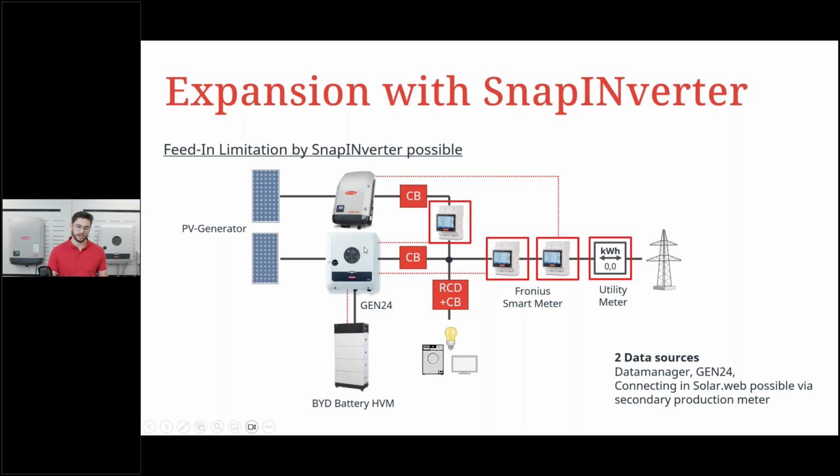On the one hand, for the GEN24, we can see the feed-in value of the smart meter, and we can see the production of the SnapInverter with the secondary smart meter. Now this would be one solution where we have to use the SnapInverter in order to have the feed-in limitation ready.